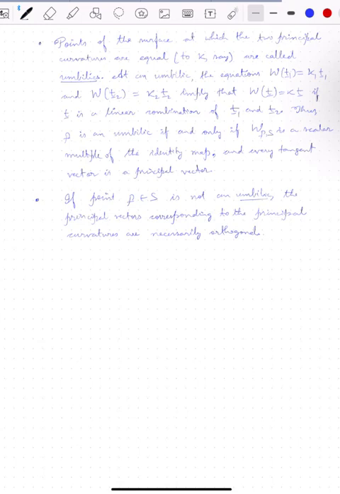And so then we arrive at a corollary here.